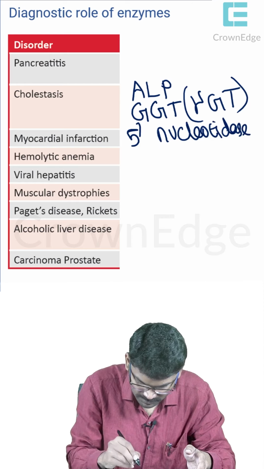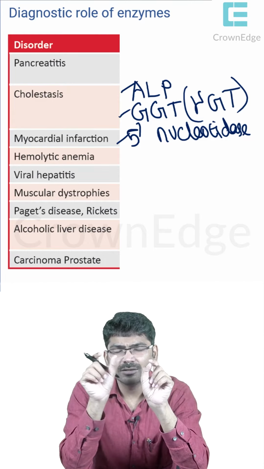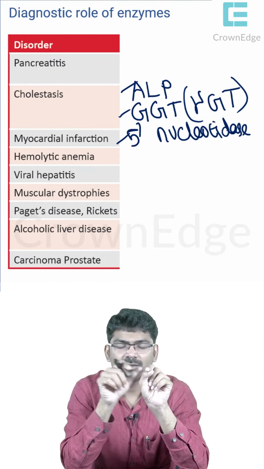Gamma glutamyl transferase or gamma glutamyl transpeptidase, both are the same. These enzymes are actually attached to the membrane, so they are also known as ectoenzymes.